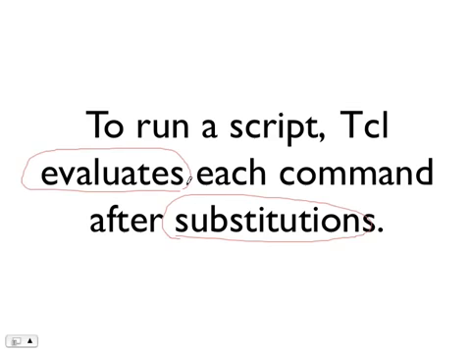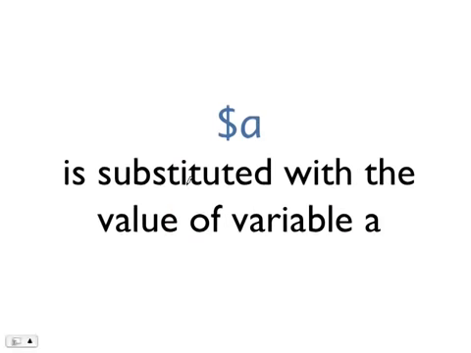There are two common types of substitution done in Tcl. The first type is called variable substitution. If we have a variable a, then $a will be substituted with the value of variable a.